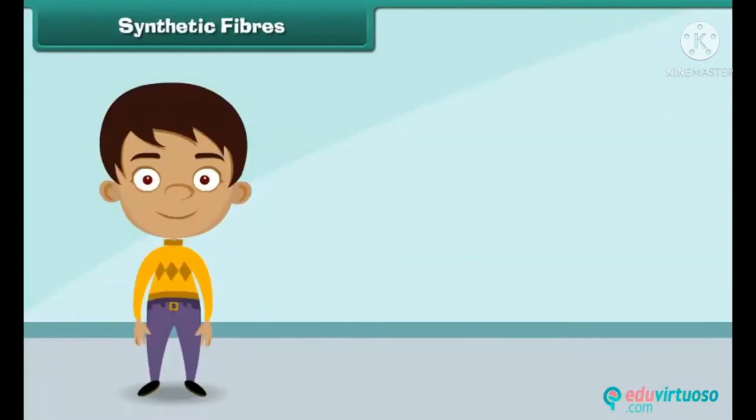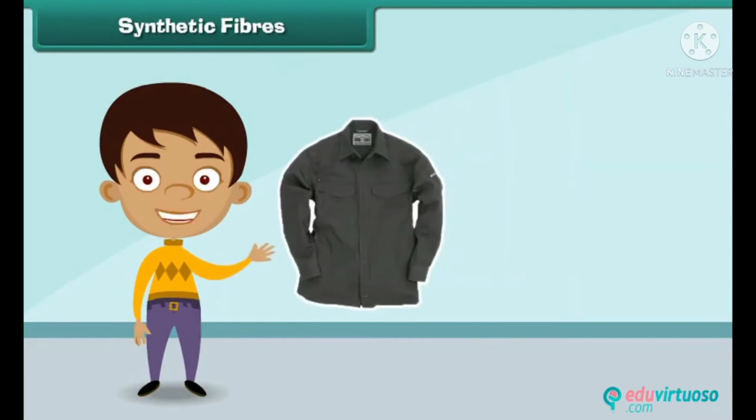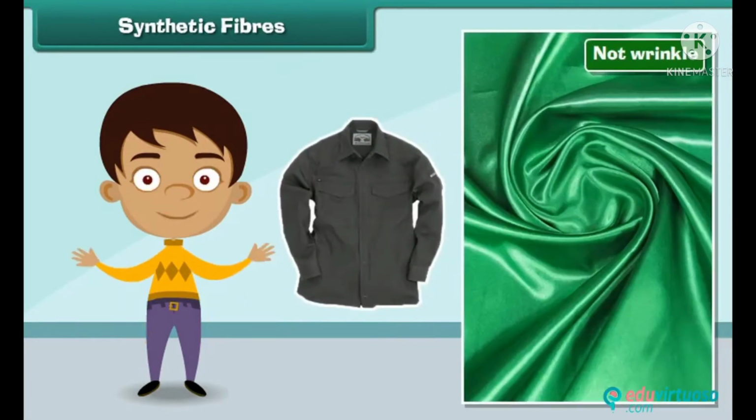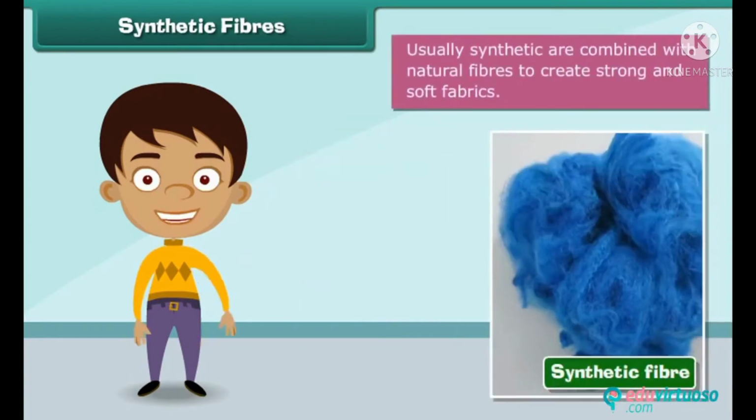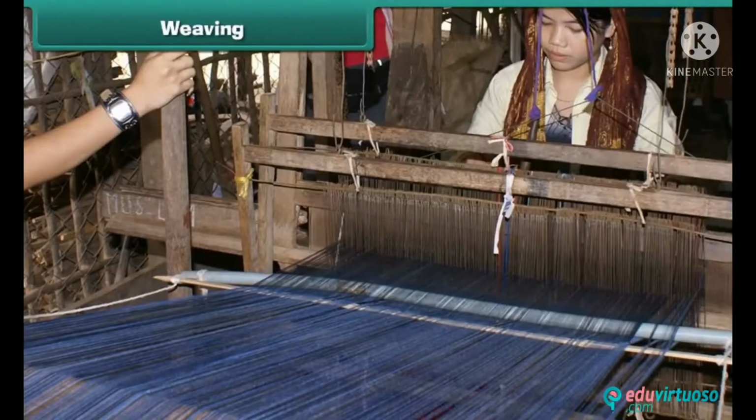Synthetic fibers. Synthetic fibers are man-made. Nylon, polyester, etc. are examples of synthetic fibers. Fabric made from synthetic fibers is cheap, dries easily, and does not wrinkle. Usually synthetic fibers are combined with natural fibers to create strong and soft fabrics.